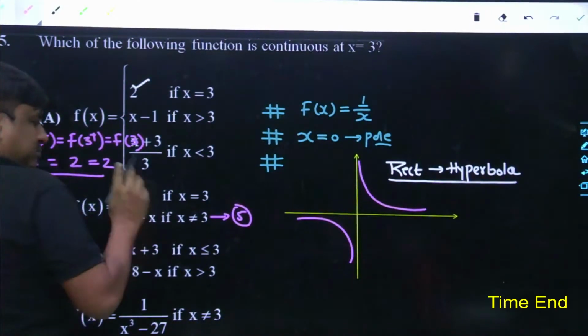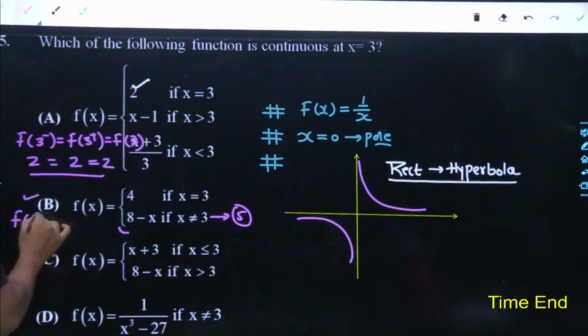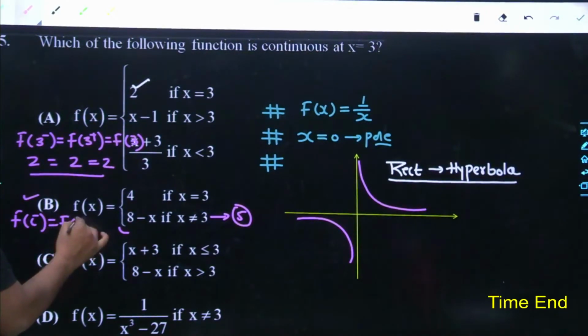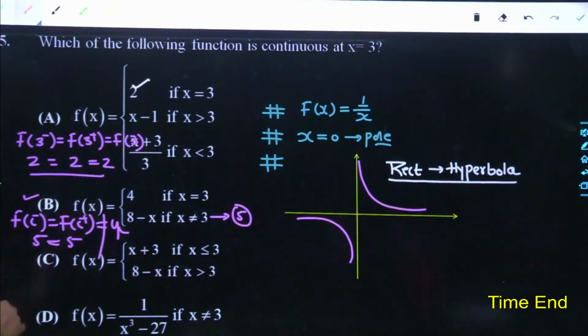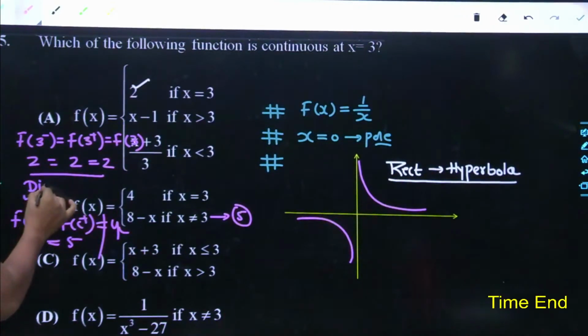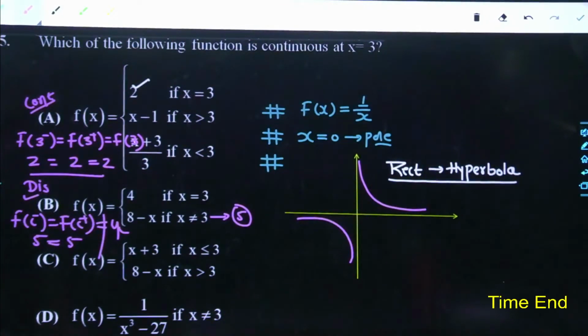So you can say f of c minus as well as f of c plus both have the value 5, but the value at the point is not the same. So yes, this is discontinuous. So I should say this is discontinuous and this is continuous.